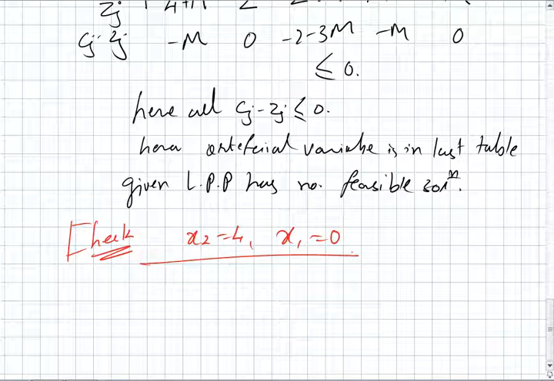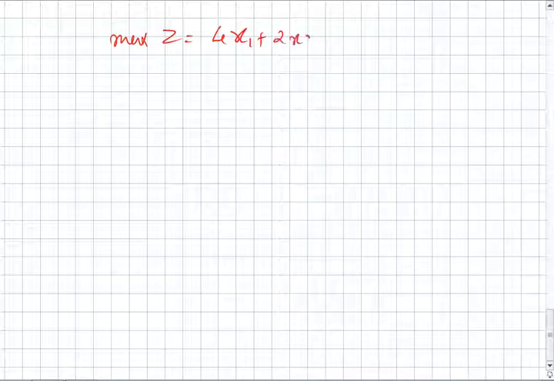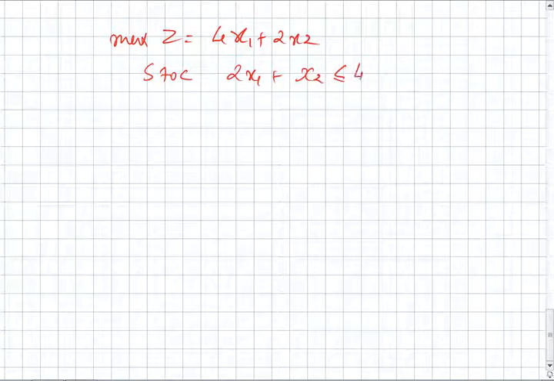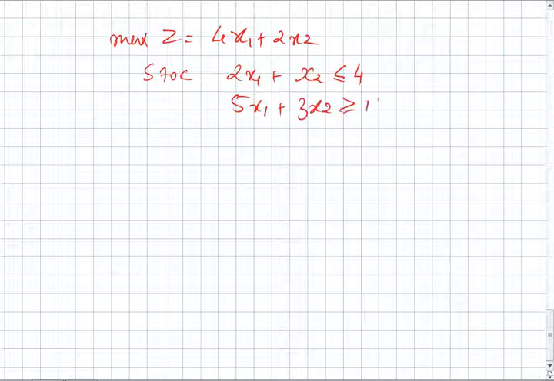We are having a two variable situation, so we can also check it graphically. So let me write that problem again. Our problem was maximize z is equals to 4x1 plus 2x2 subject to constraints 2x1 plus x2 is less than or equals to 4, 5x1 plus 3x2 is greater than or equals to 15, with x1 and x2 greater than or equals to 0.